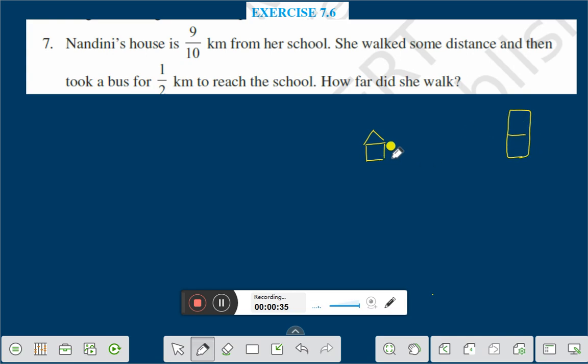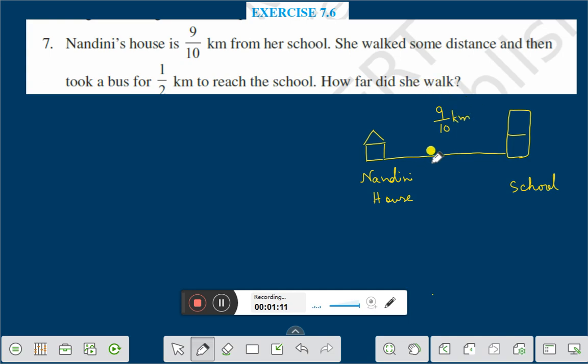Now it is said that the distance between school and Nandini's house is 9 by 10 kilometer.